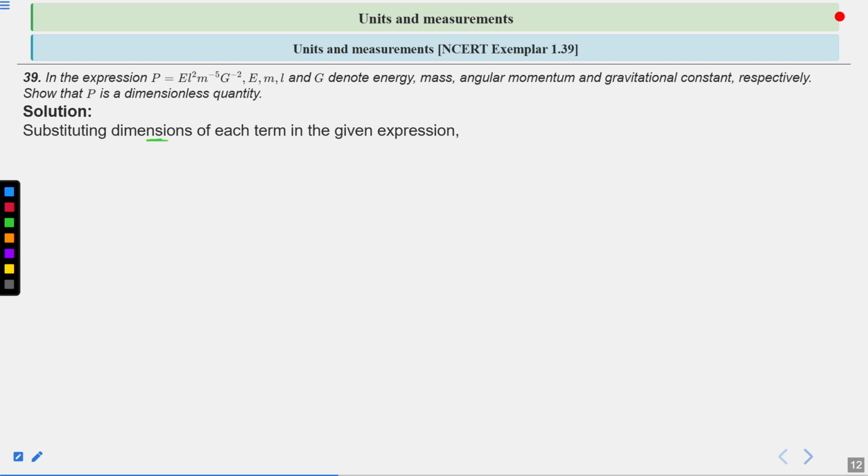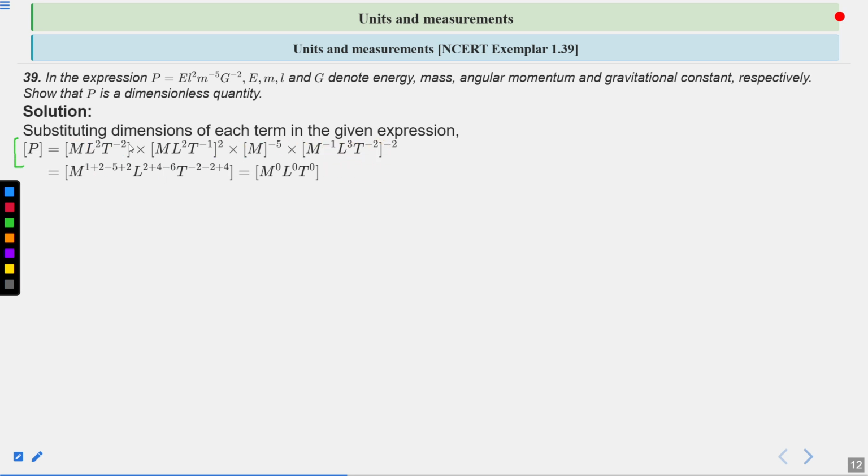Substituting the dimensions of each term in the given expression, you will get this. Dimension formula of P is equal to the dimensional formula of each term E, L, m, G. This is the dimension formula of E, of L, of m, and of G. So here, if the base is the same, the powers will be added.